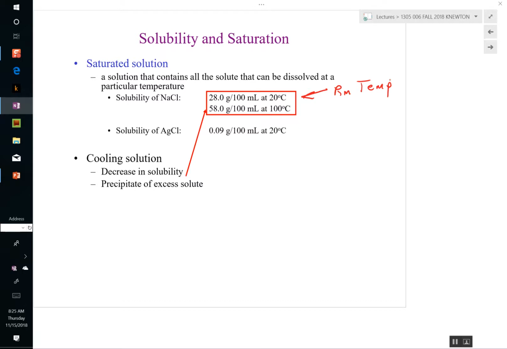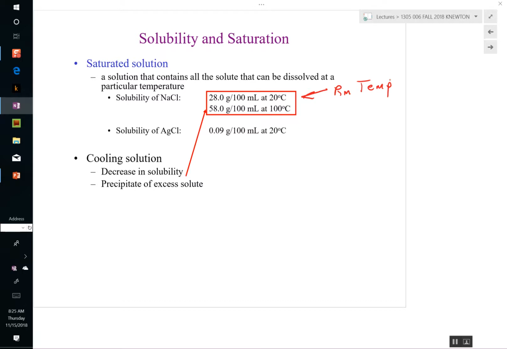That container is very salty, saturated. Once it reaches its saturation point, nothing more will go in there. But if you heat that water up to the boiling point of water, you could actually get 58 grams of sodium chloride dissolved in it. So we say sodium chloride is soluble. It has a high solubility in water.